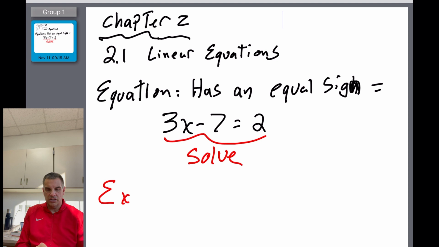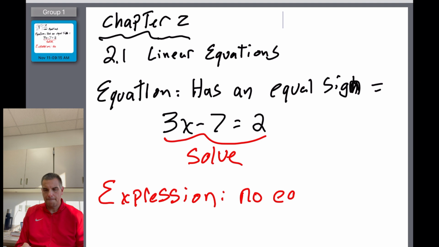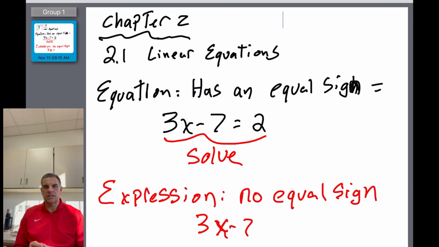An expression doesn't have an equal sign. So no equal sign in an expression. So really that first part, like 3x minus 7, there's no equal sign in there. So we call that an expression.